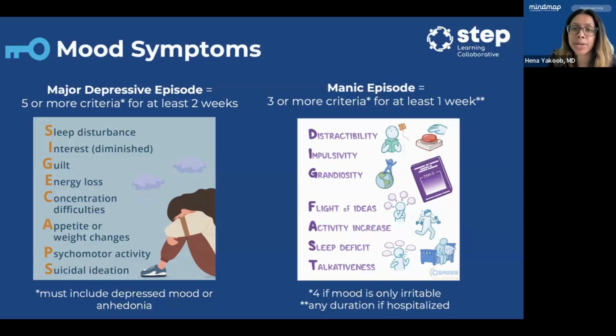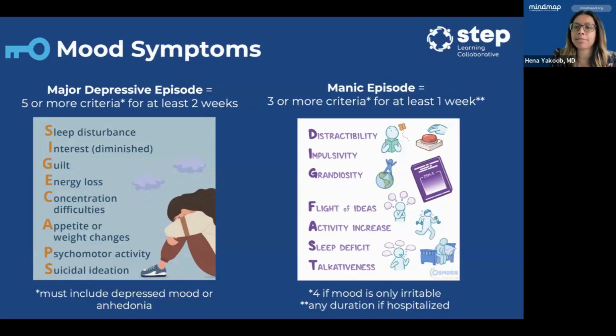So in order to meet criteria for a manic episode per the DSM, a patient must have 3 or more of the following criteria for at least 1 week, with the caveats that it must be 4 or more of these criteria if the mood present in the patient is only irritable, as opposed to irritable plus elated or labile. And then these symptoms can be present for less than 1 week if the patient ends up being hospitalized at any point for all of these symptoms.